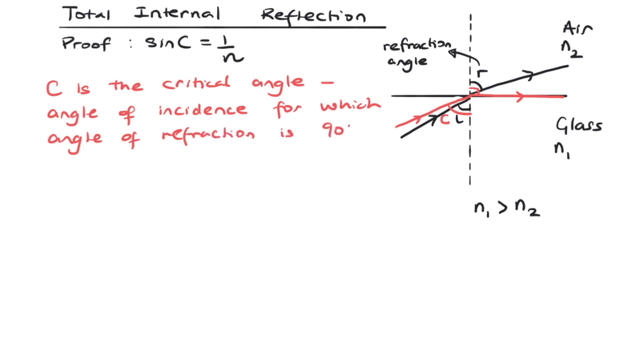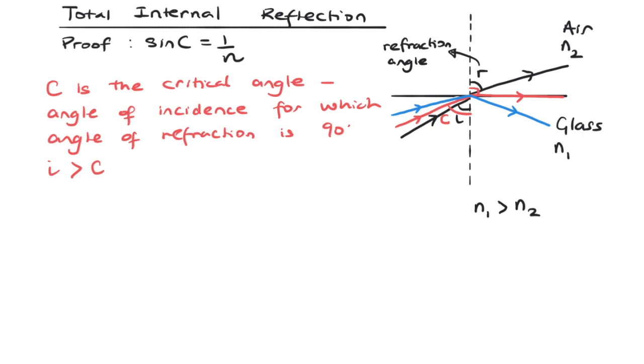Beyond this, if we were to increase the angle of incidence more than this, so I is greater than C, let's draw that out, we would notice that all the rays are going to be reflected into the first medium, that is the glass. Alright, I may not have drawn it perfectly, but I hope it gives you some idea.